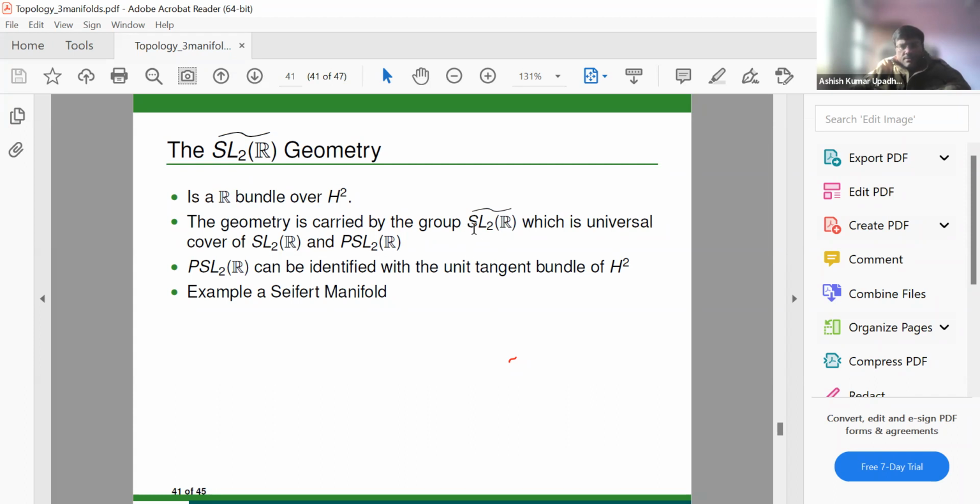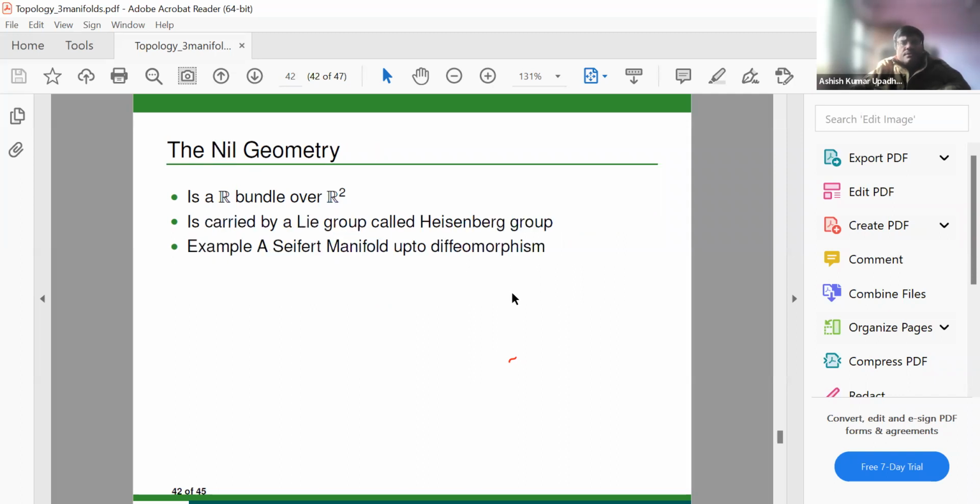Actually, these groups are looked upon also as topological spaces. They carry a lot of structures on them, and because of those structures, the geometry comes. Okay, so examples of these geometries are some Seifert manifolds.